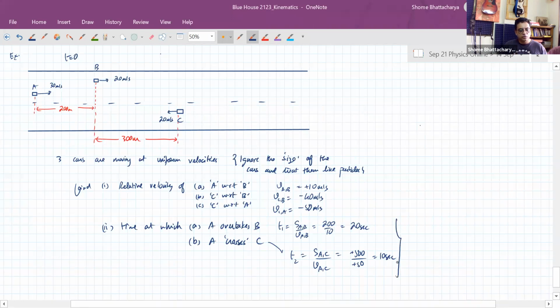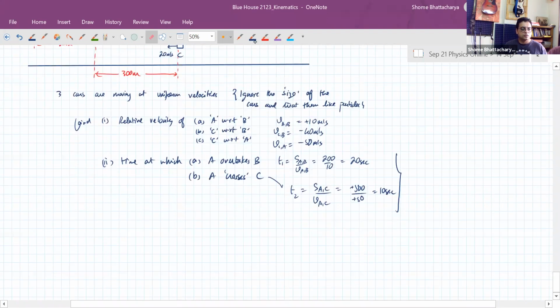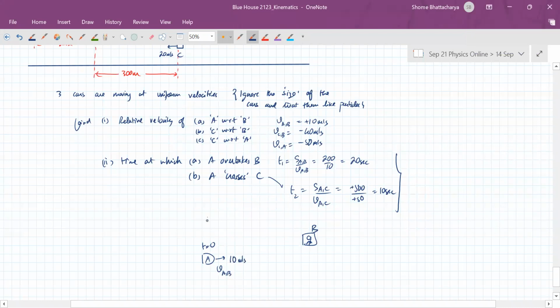So this part is easier to work out if you do it like this: imagine you are sitting inside the car A, or let's say we are sitting inside the car B. So at t equal to 0, we are seeing A with a relative velocity of 10 meters per second, but at a distance of 200 meters.